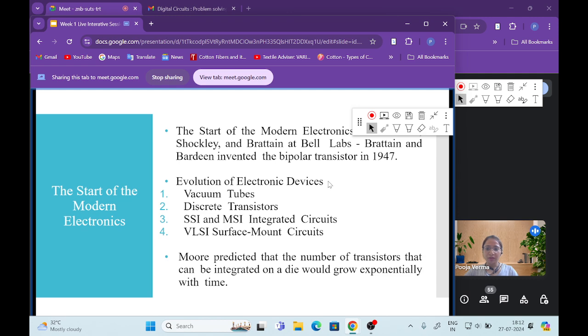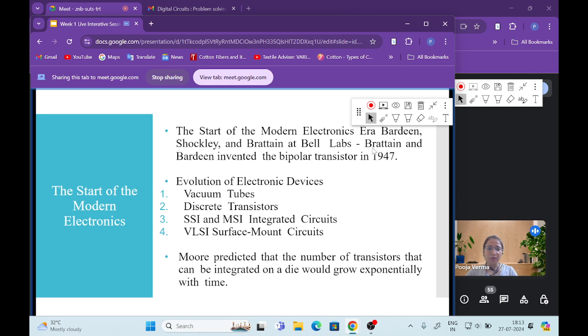Okay, so the start of the modern electronics era. The modern electronics era started in 1947 with the invention of the bipolar transistor, invented by Brattain and Bardeen.